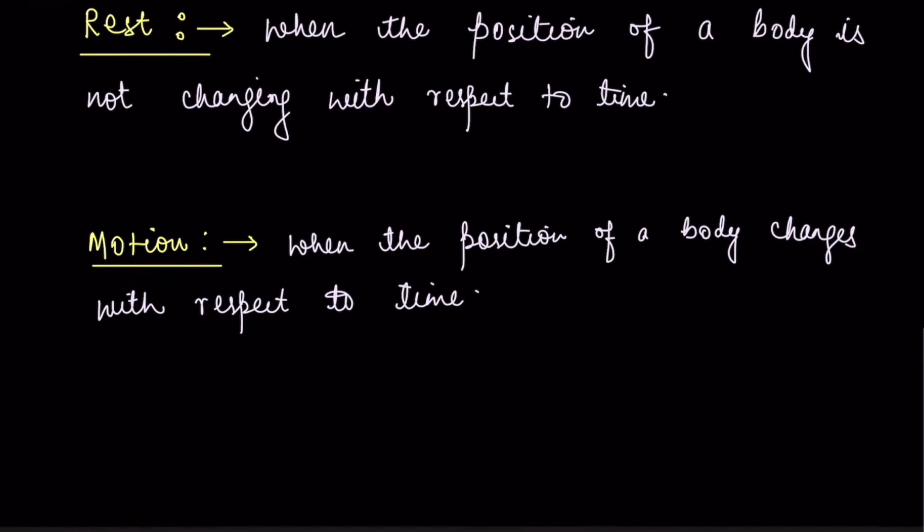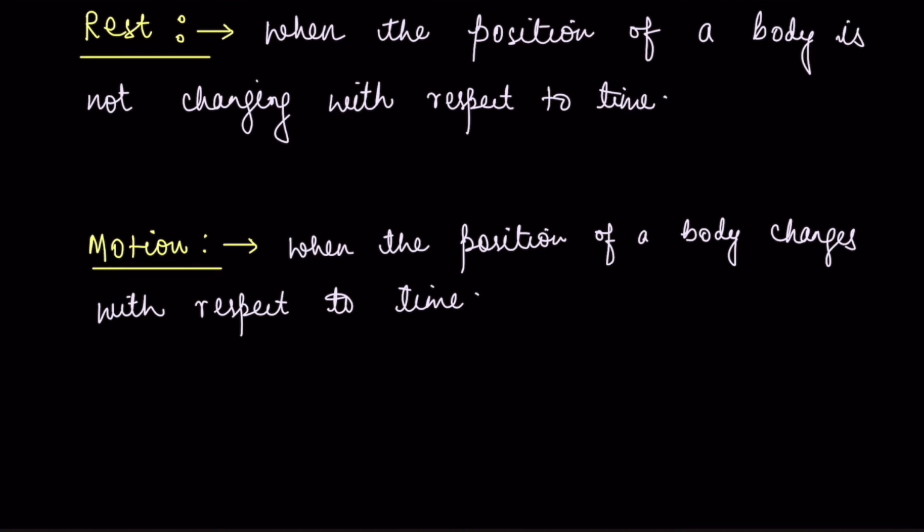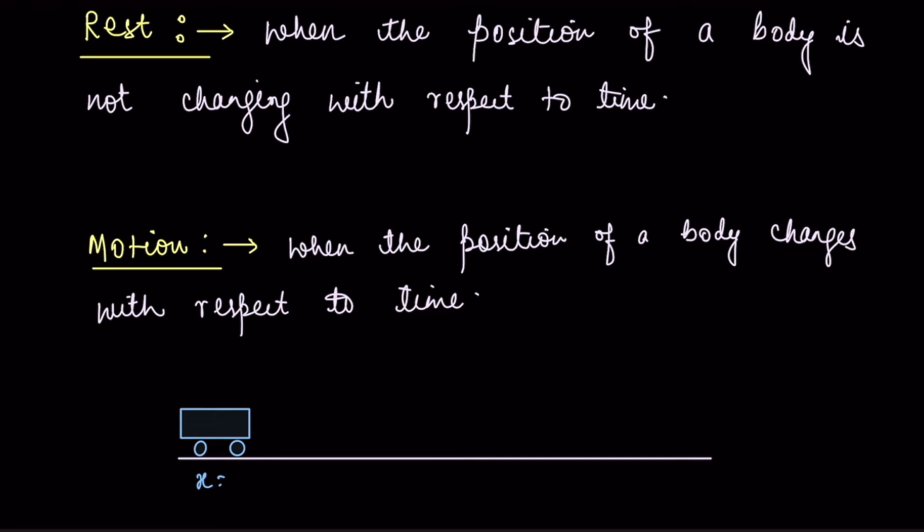If we consider an example, we take a car. So this car initially had x as 0 when time was 0. But after a certain time, this car will move and change its position with respect to time.